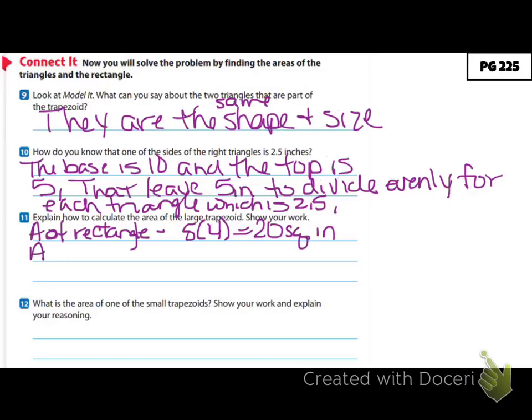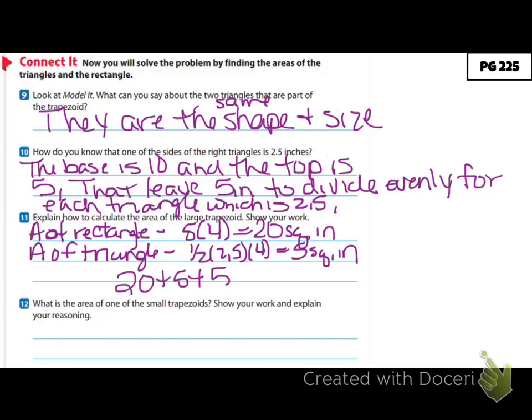And then we have the area of the triangle, which is 1/2 times 2.5 times 4, which is 5 square inches. So when we add these up, it would be 20 plus 5 twice, because there are 2 triangles. So when we add that up, we get 30 square inches.